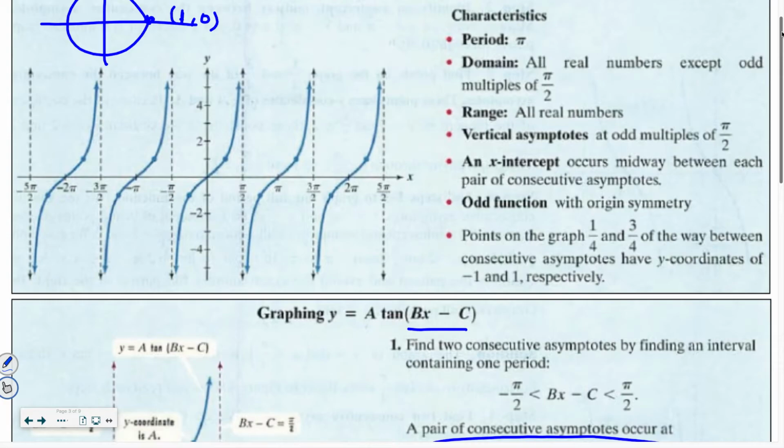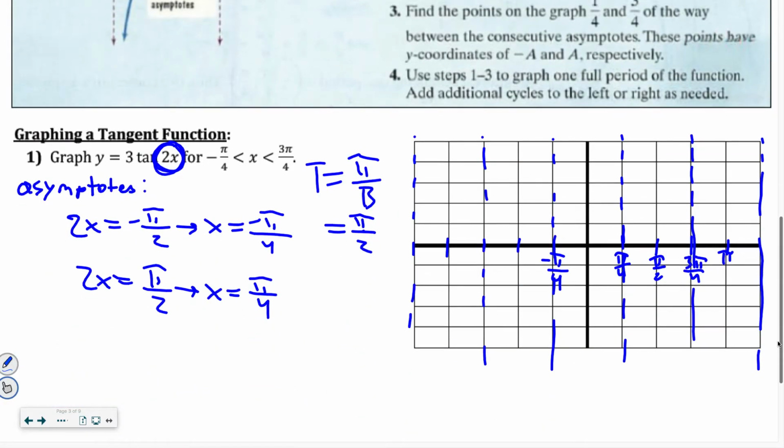Negative pi over 2 is an asymptote. So it doesn't really matter what we're plugging in for x, it really matters what we're plugging in for the argument for tan. So we're trying to figure out what makes 2x equal to pi over 2. What makes 2x equal to negative pi over 2?